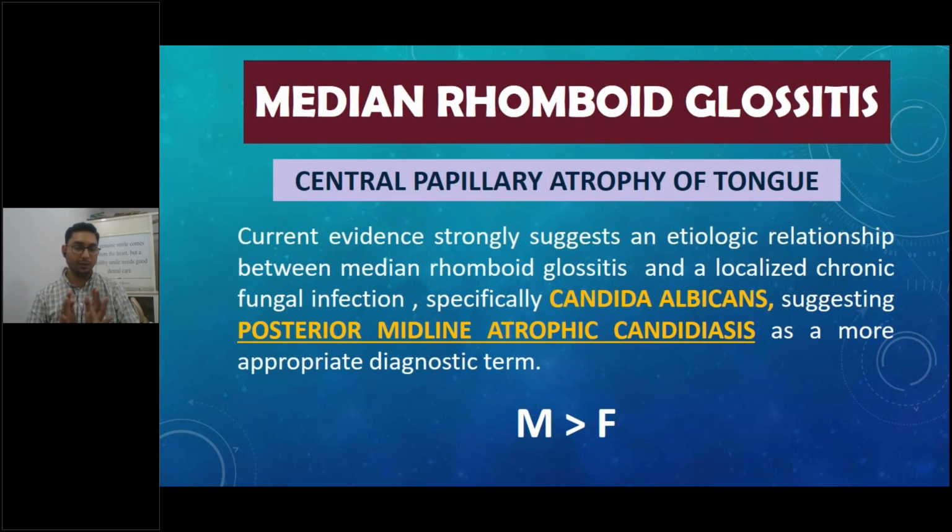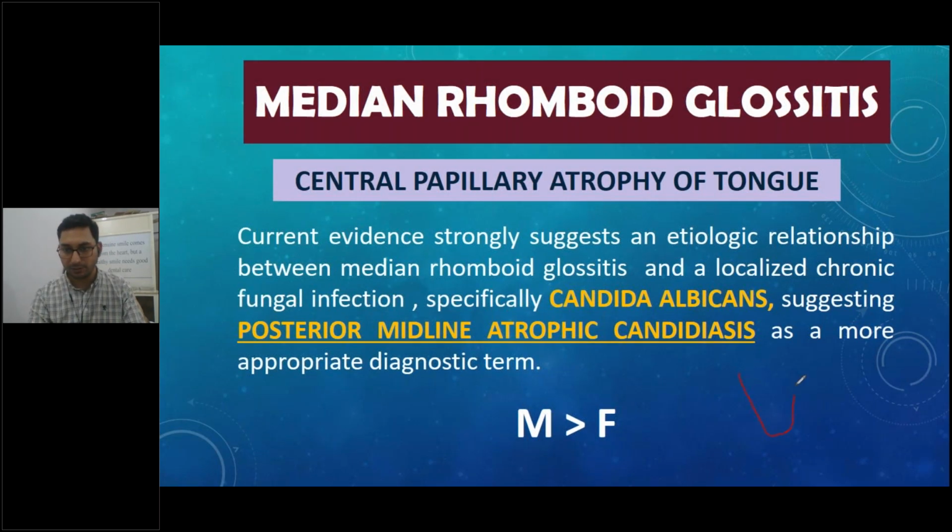Now you need to listen to this very carefully because PGI has different answers and questions. PGI has around 2-3 such questions based on the etiology of median rhomboid glossitis. Earlier theories used to say it is because of persistence of tuberculum impar. Let me show you with a diagram, then you'll be able to understand.